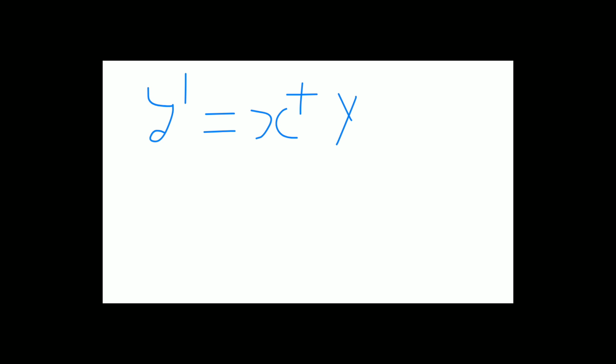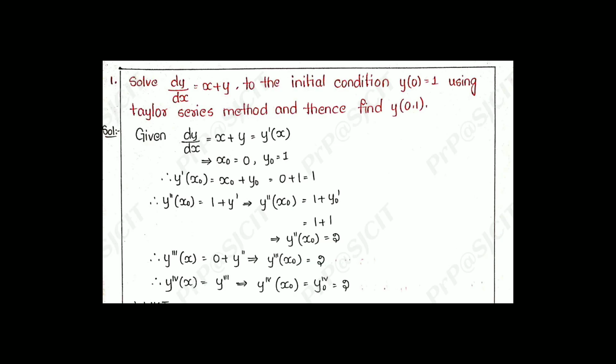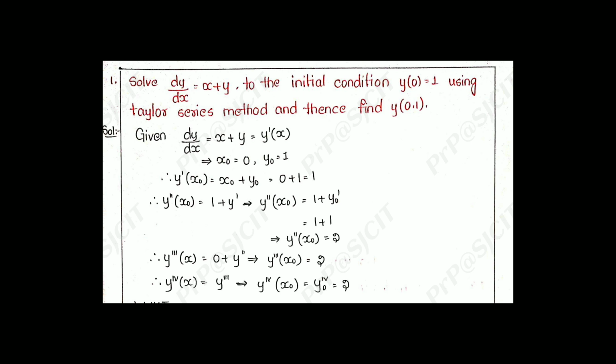This is the question, and this is the value, and we substitute x naught equal to 0, y naught equal to 1, and we get y dash x naught is equal to 1 plus y, that is 1.